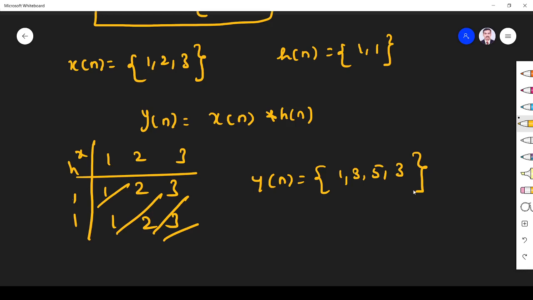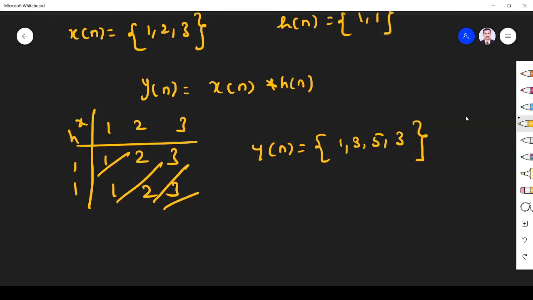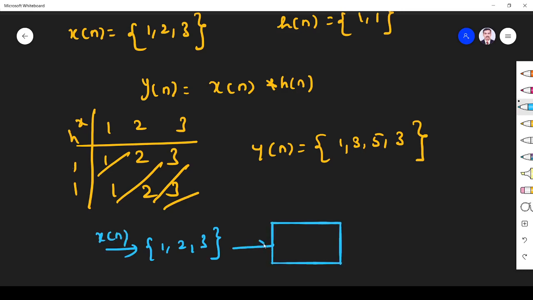Now we come to one conclusion. If x of n is 1, 2, 3, I give 1, 2, 3 as input to a system with impulse response 1 comma 1, and what we get is y of n, that is 1, 3, 5, 3.